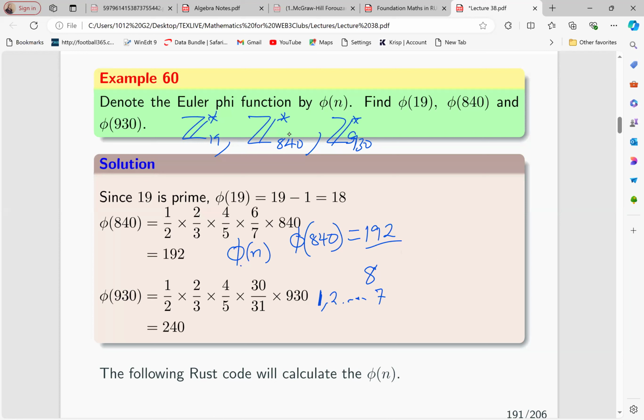So for me to write this program, first, I should have the GCD function. What the GCD function will be doing is checking from 1 up to 7, checking each of these elements, finding the GCD, for instance, of 1 and 8. If it finds that this GCD is 1, then it stores 1 somewhere, because 1 is one of the numbers I'm looking for, which are relatively prime.